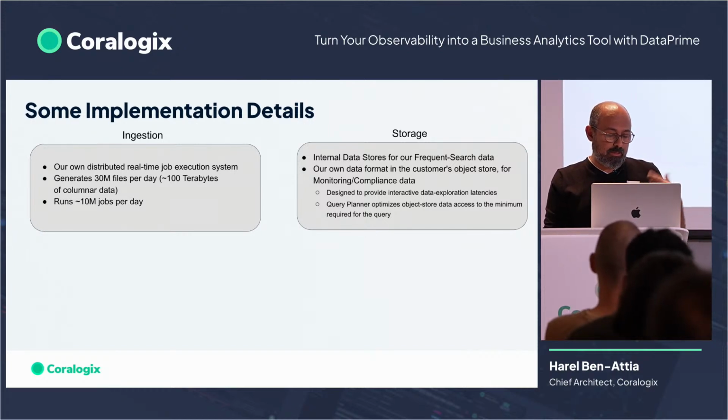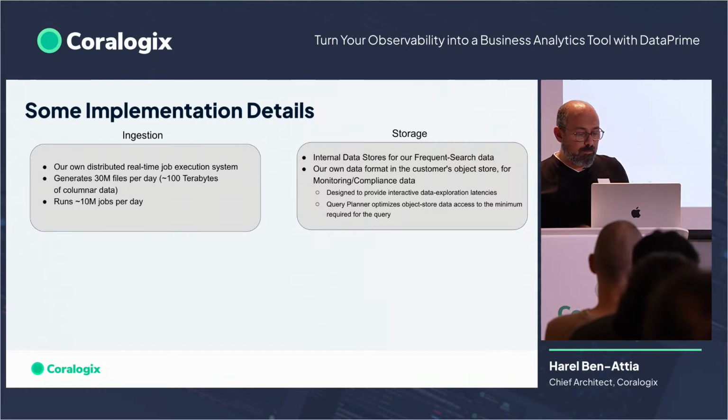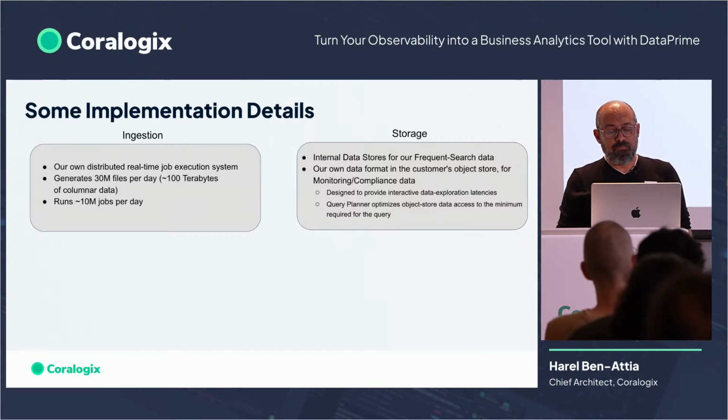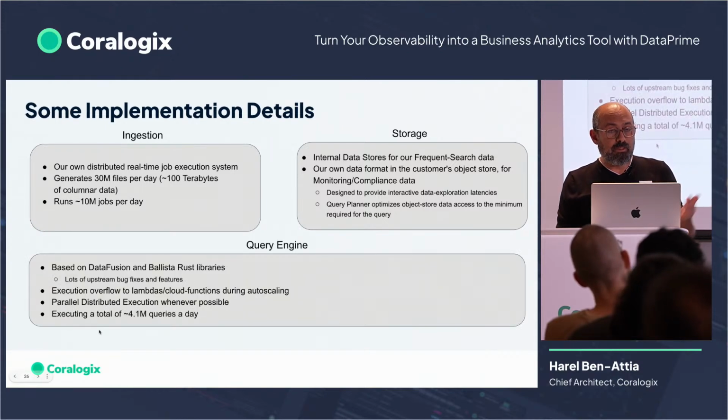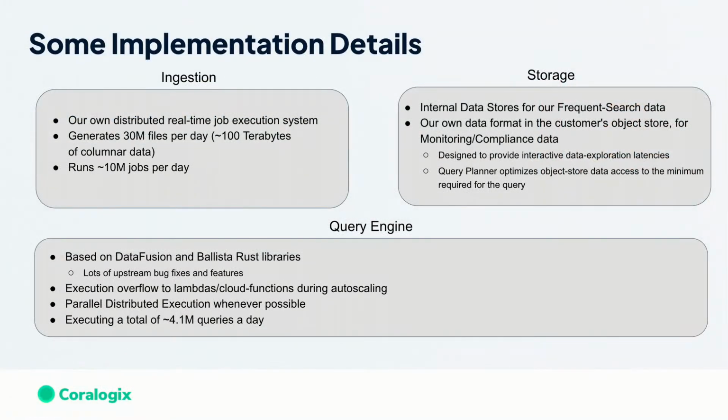All my examples, by the way, are on the archive, on the S3. They're not from the frequent search tier. But it's very important to say that the query planner optimizes for minimizing object store access, etc., in order to optimize the speed. The query engine itself is a distributed query engine based on DataFusion and Ballista Rust libraries. We had a lot of upstream bug fixes and features, and we're doing it all the time.